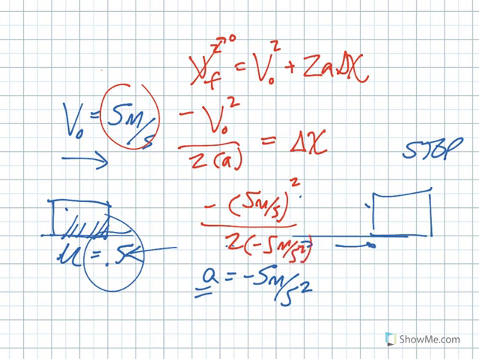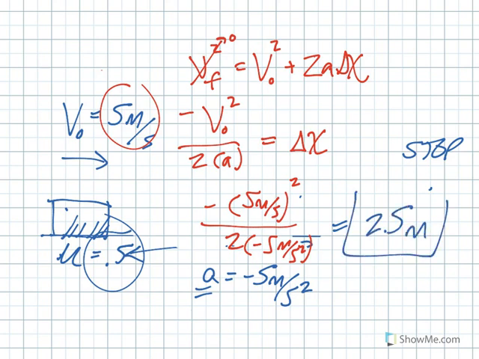So the minus signs cancel each other out, and then we have 25 upstairs divided by 10. That gives us 2.5 meters for delta x. Okay, so there you go. Slipping and sliding.